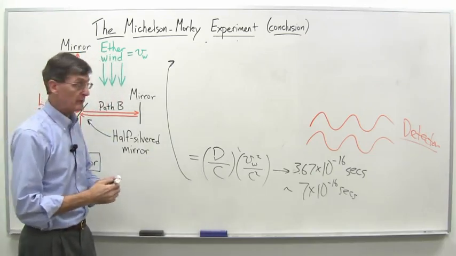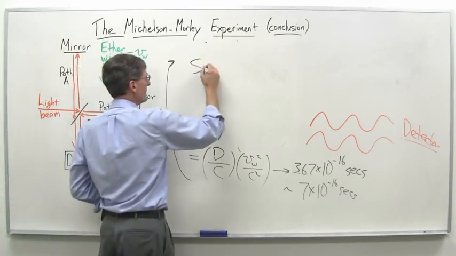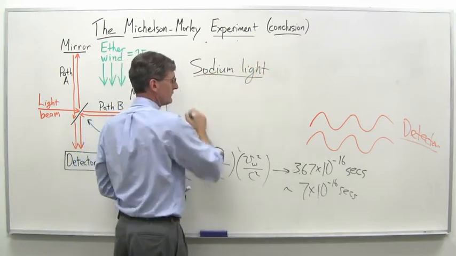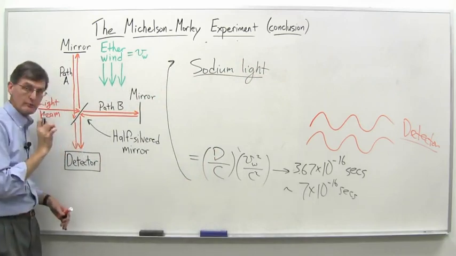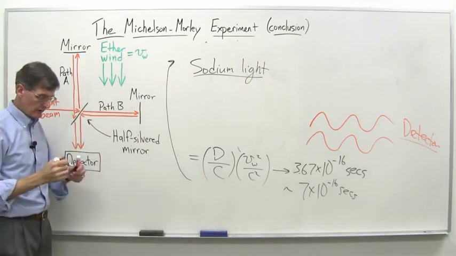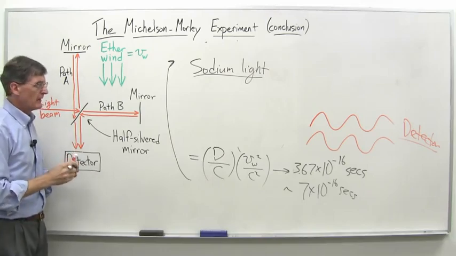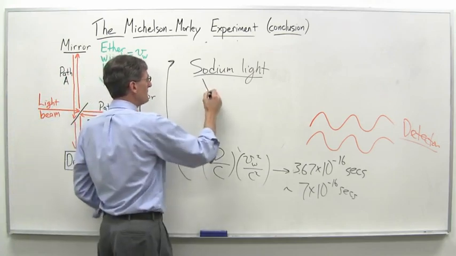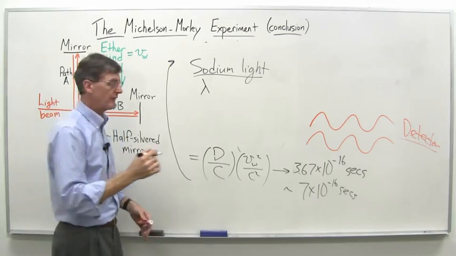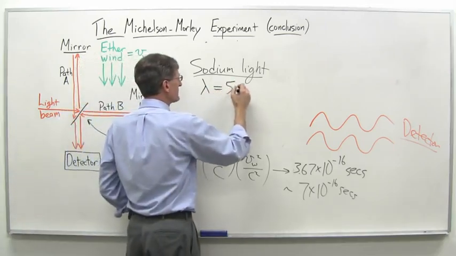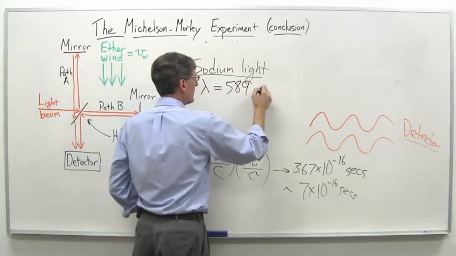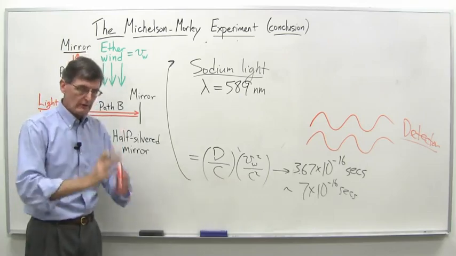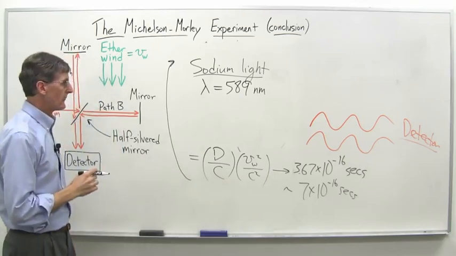So they use, as I mentioned, sodium light, which is a very nice, bright source of light that they could get into a beam and send into their apparatus like that. And just to give you some numbers here, you don't have to memorize these or anything. But sodium light, remember we used the symbol lambda for wavelength? Sodium light has a wavelength of 589 nanometers, billionths of a meter. So again, a very short distance there.